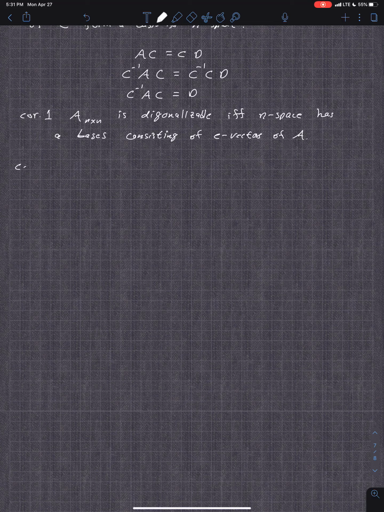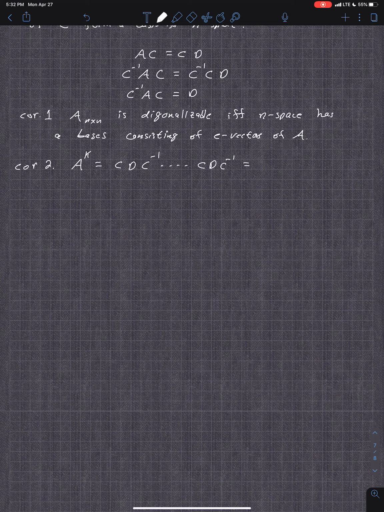Let's go to corollary 2. So corollary 2 basically says, all right, those are quite a few things. So given all the different hypotheses above, you can write A to the K as C times D C inverse, and you have that many factors, C times D C inverse.